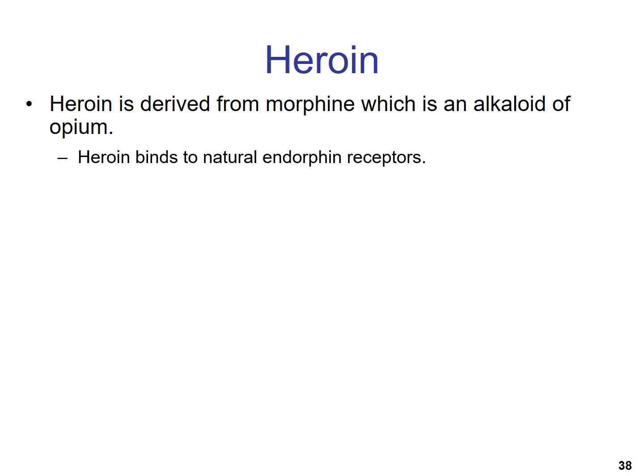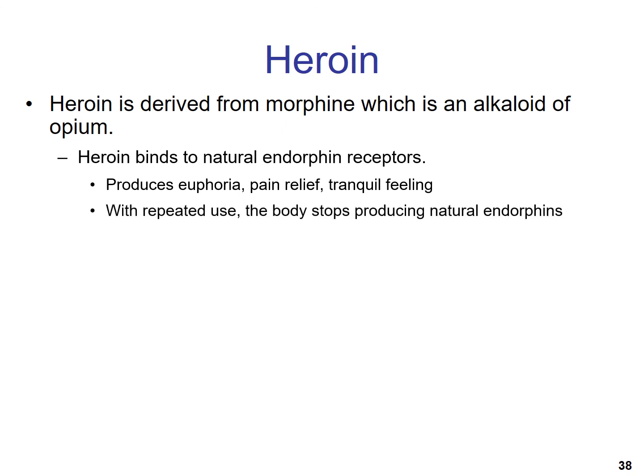If you've ever gotten an exercise high, that comes from endorphin receptors. What heroin does is mimic the actions of endorphins. So it does produce euphoria, pain relief, and a tranquil feeling. But the problem is, if you use it repeatedly, then the body will stop producing its own endorphins.